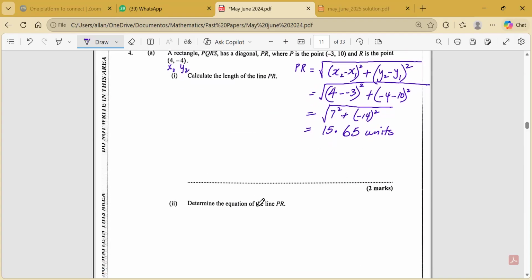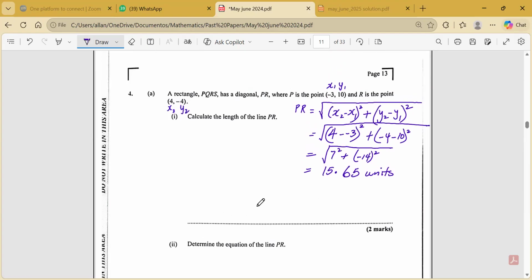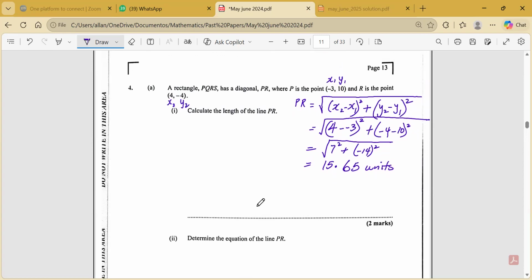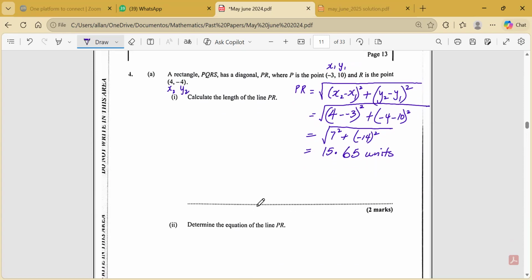All right, determine the equation of the line PR. So go ahead, find the gradient. You already have the formula: y2 minus y1 over x2 minus x1. You have to find the gradient and you have to know what C is, the constant.